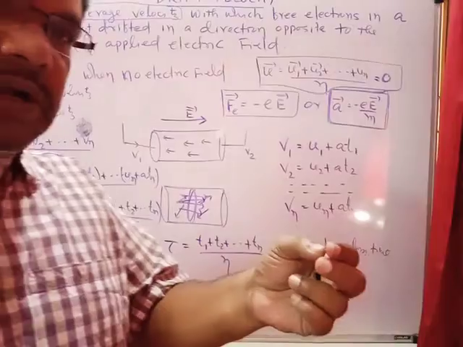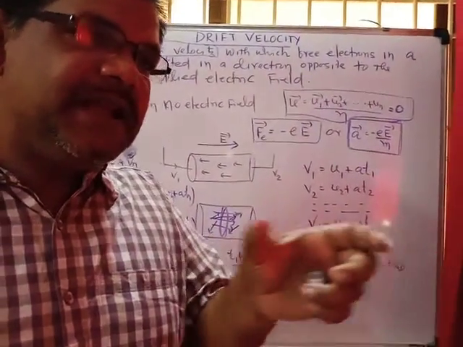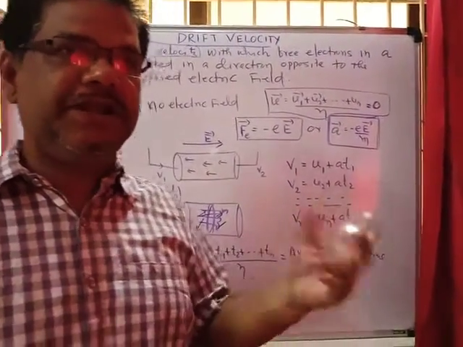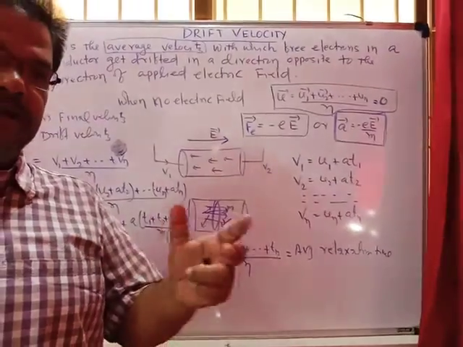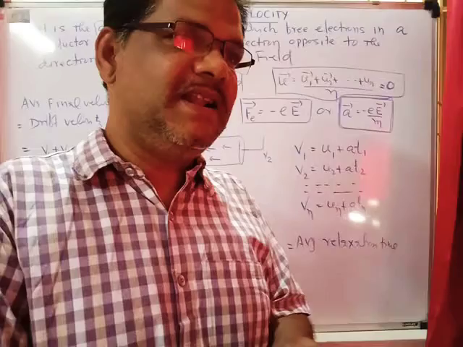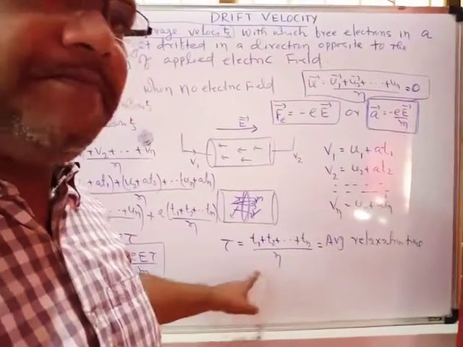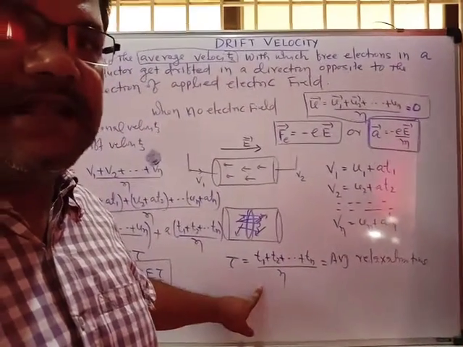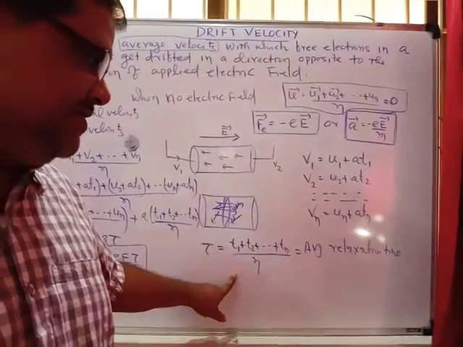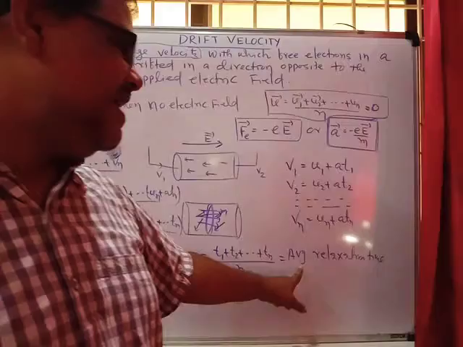The time taken in between one collision is taken as t1, and similarly t2, t3 are the times taken by electrons between successive collisions. The average of all those time intervals is called the average relaxation time. That means the electrons are getting relaxed before having the collision. If you consider n number of electrons, that time interval is called the average relaxation time.